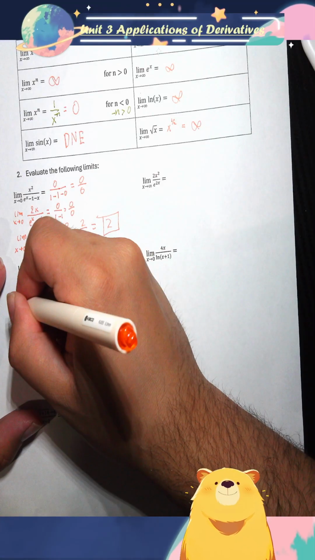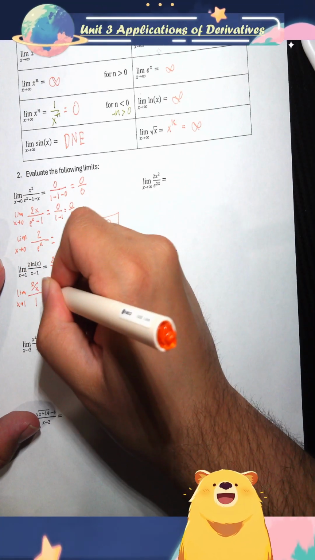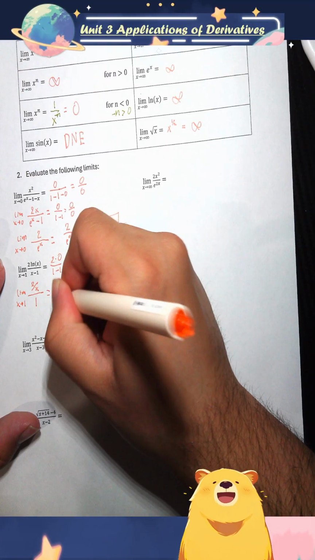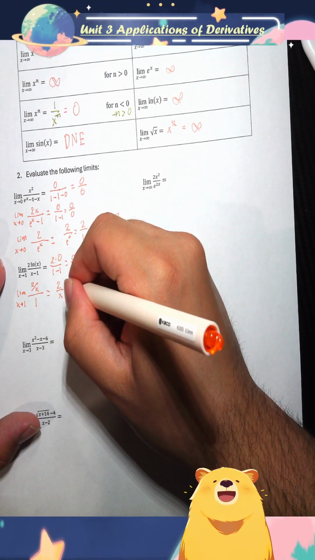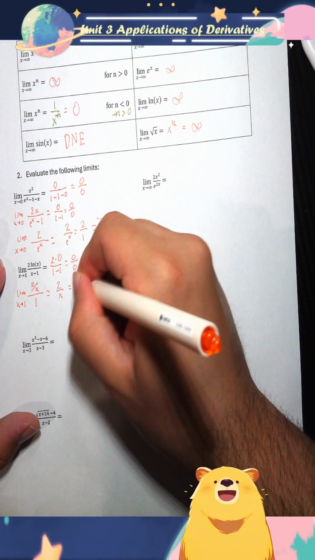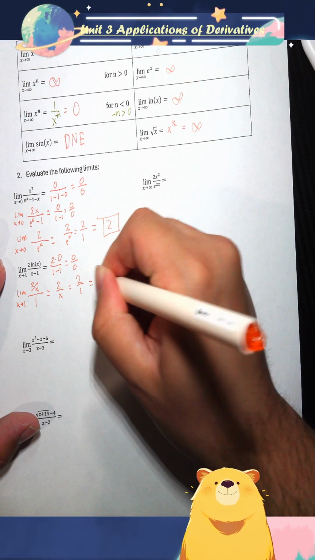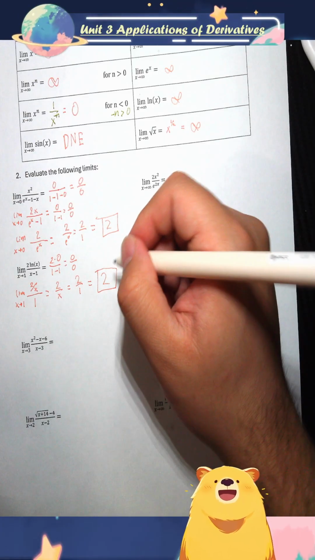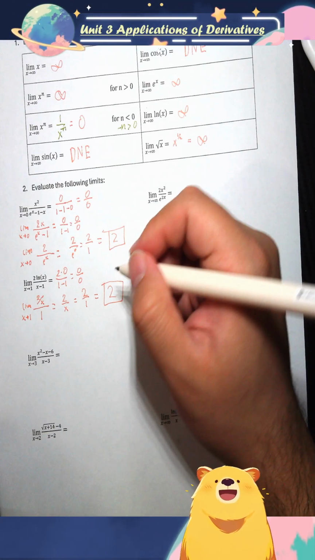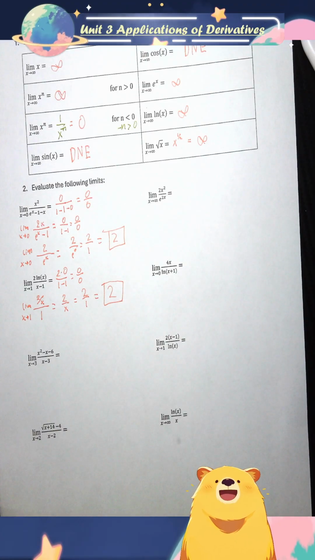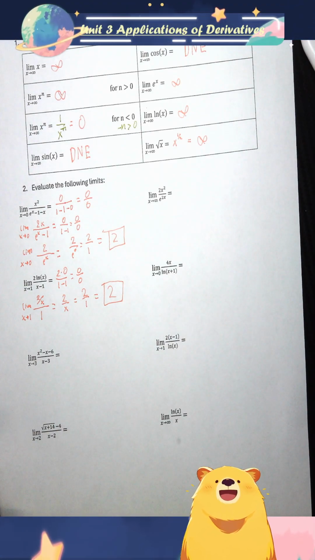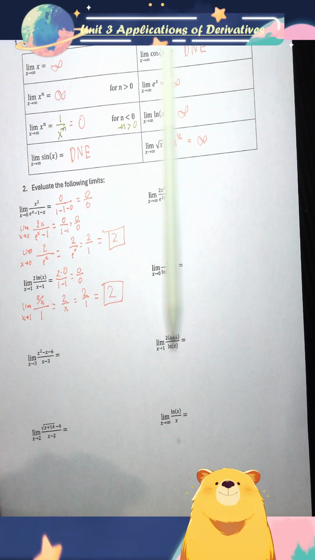So that gets rewritten to 2 over x, which we know that if we just plug in the 1, we'll get 2 over 1, which is just 2 again. So this limit is 2. All right, so I'm just double checking my work on my key that I have written here. Okay, right. Let's go.